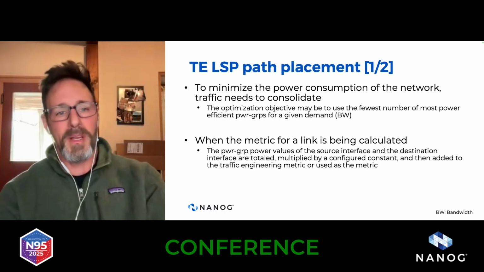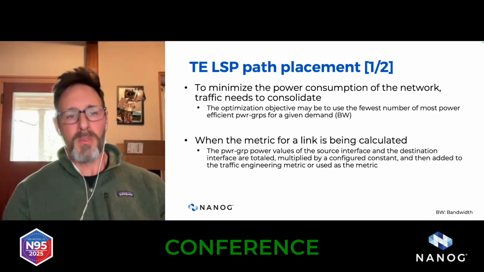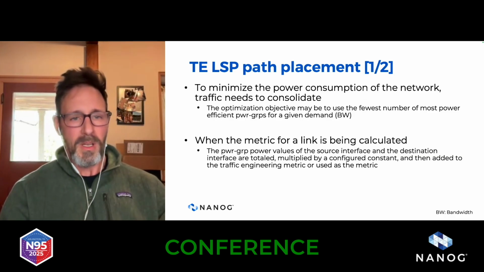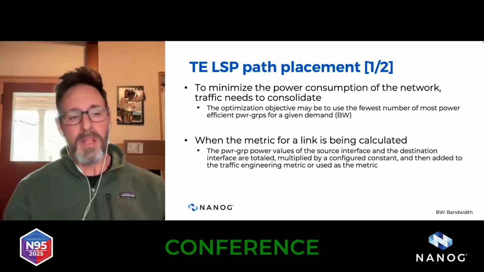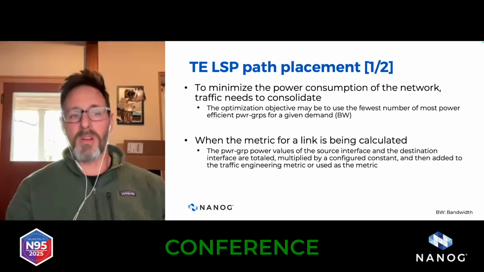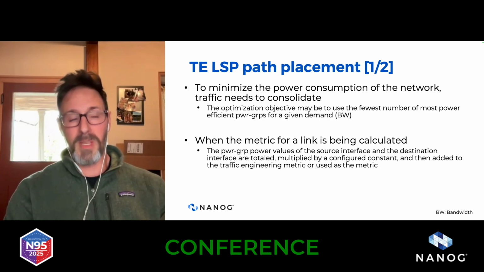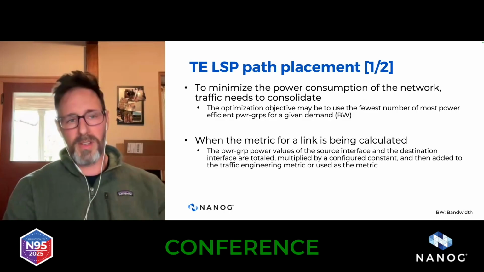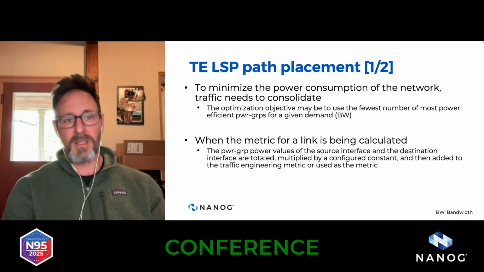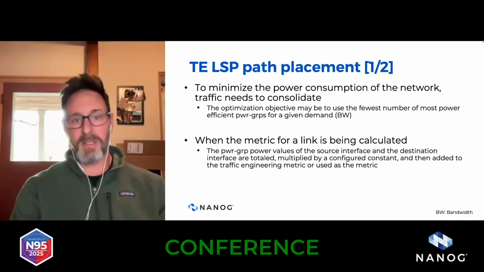Okay, so from a path placement perspective, before I get into some of the details of path placement, I do want to highlight, or maybe reiterate, that I'm talking about a traffic engineering solution here today. While some of this information may be interesting to be flooded around the network, we're really talking about the ability to use traffic engineering techniques and TE placement techniques for placing demands on the network.